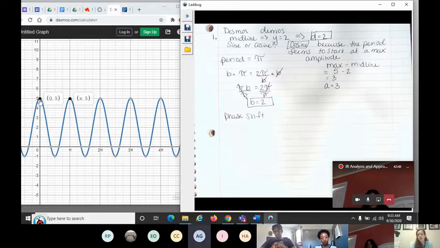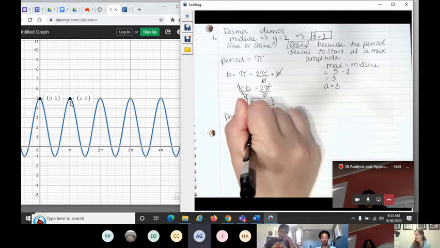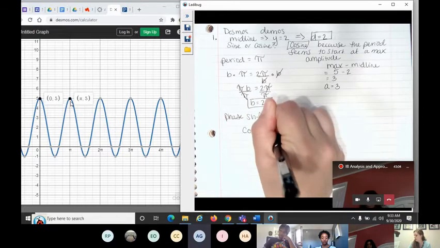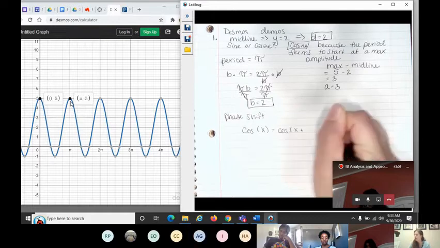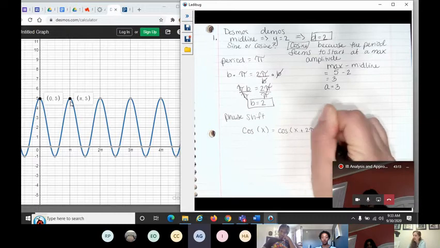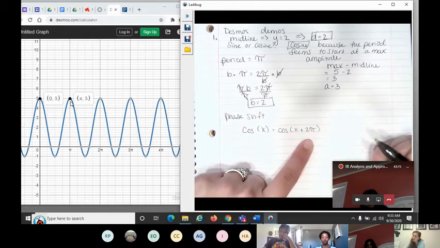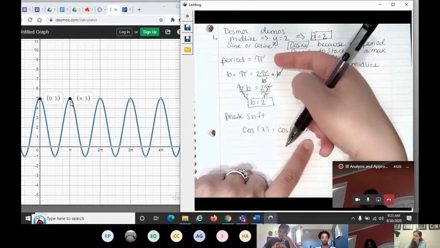Because cosine of a value is the same thing as cosine of that value plus the period. Okay, so I'll write that down. So cosine of x is equal to cosine of x plus the normal period for cosine, which is 2 pi. Okay, for this one, because our period changed, it's just pi. Our period was pi.